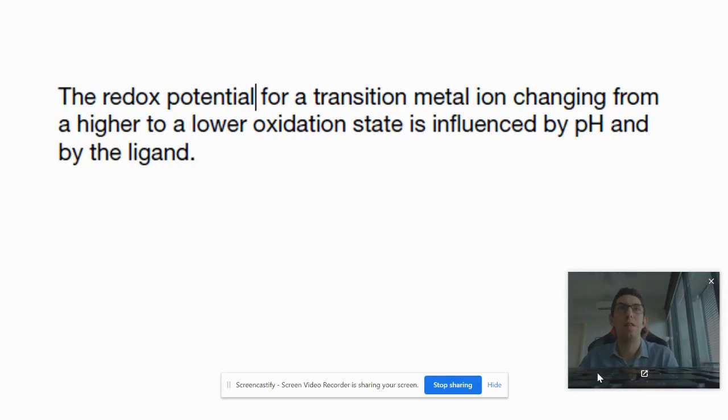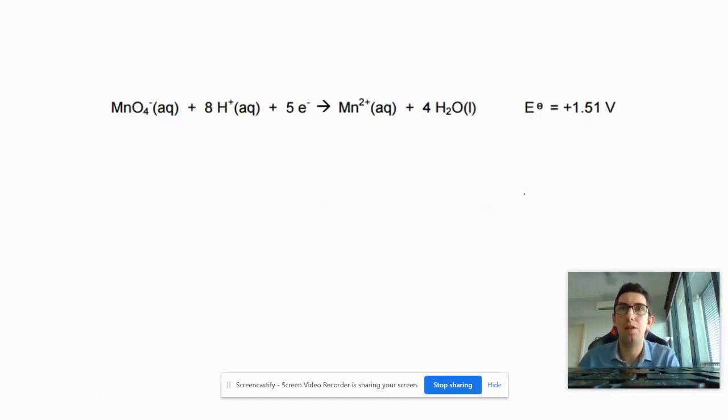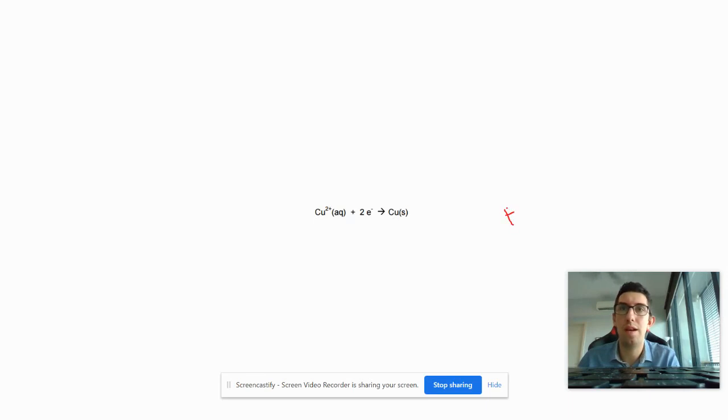Okay, so it also says that the redox potential for a transition metal ion changing from higher to lower oxidation state is influenced by the ligand. So here's an example. You can see this might have an E naught of, I don't know what it quite is, I think it's plus 0.43.